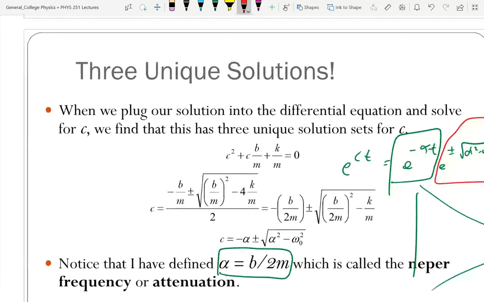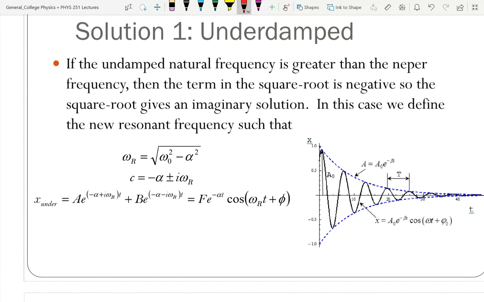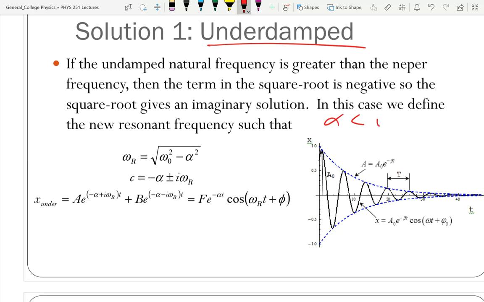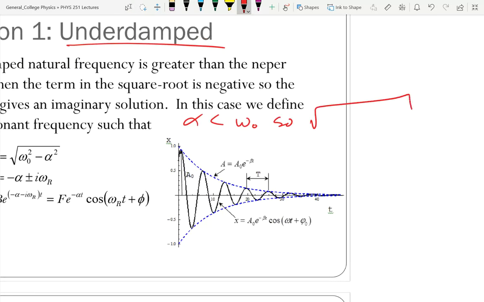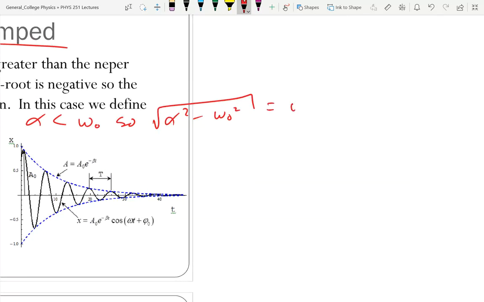So we have 3 regimes. Regime number 1 we call underdamped. Underdamped is when alpha is less than omega 0. In that case, that's going to be equal to i times square root of omega 0 squared minus alpha squared.